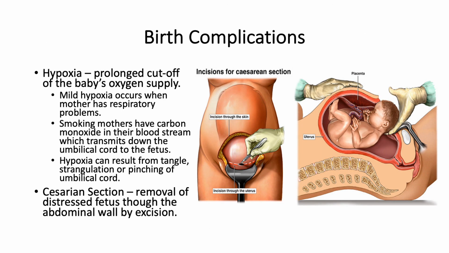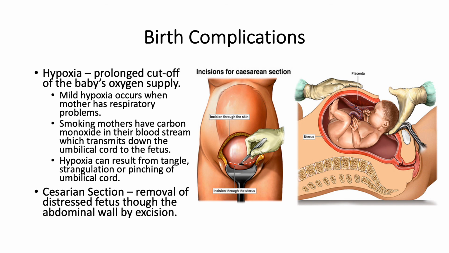Now, one of the biggest risks in the birthing process is the prolonged cutoff of the baby's oxygen supply called hypoxia. Nowadays, there's fetal monitoring of the pulse oxygen level of the mom and the baby, and monitoring of contractions and mother's heart rate and respiratory rate.